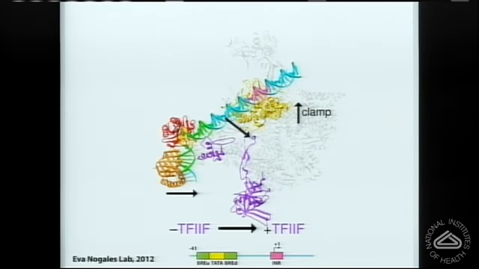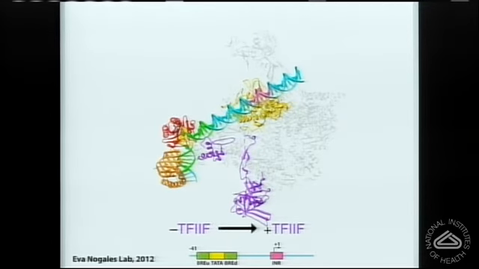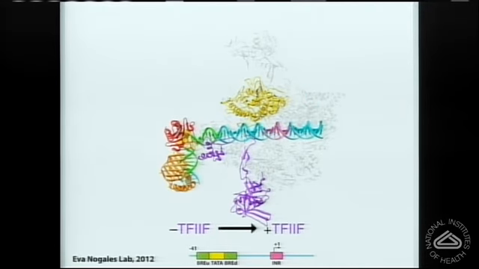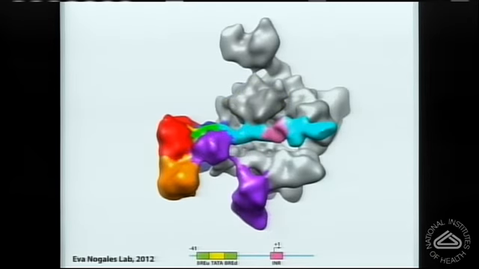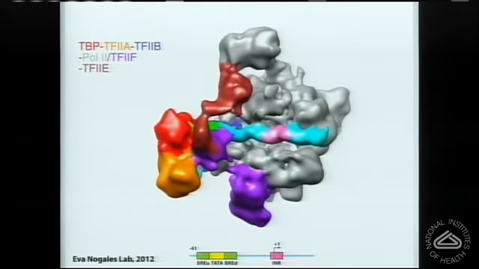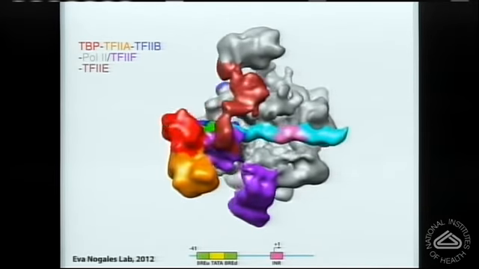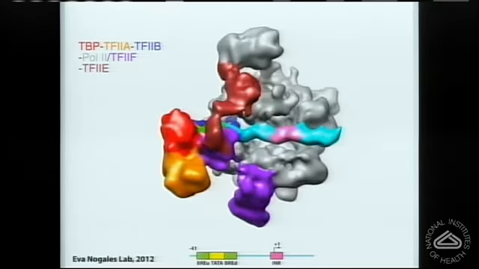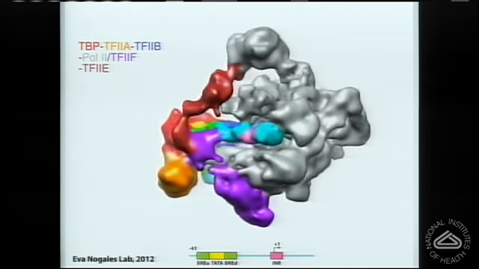This region comes closer to the polymerase by the forming of this tight nucleoprotein complex. And the other is that the clamp domain has to come up, and that allows the docking of the DNA.